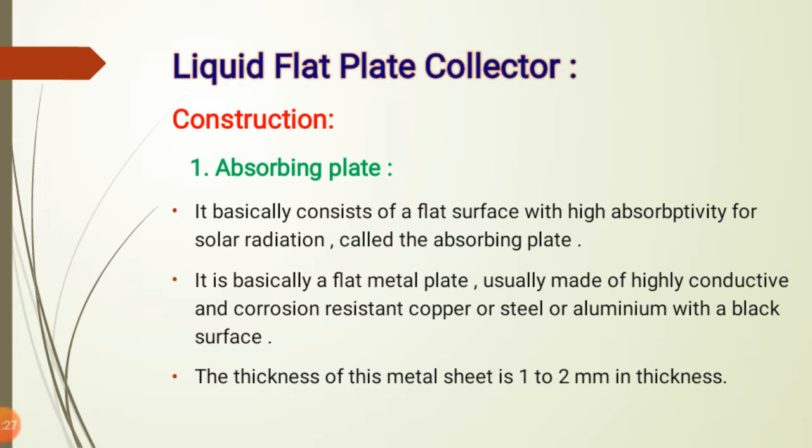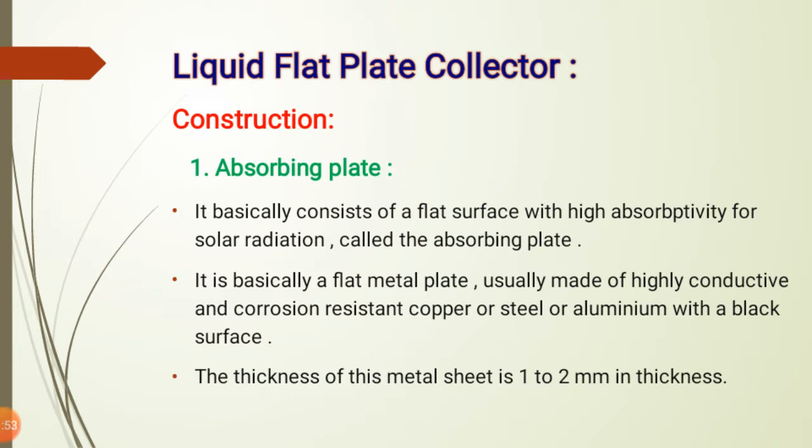The first part is the absorbing plate. It basically consists of a flat surface with high absorbivity for solar radiation, called the absorbing plate. The absorbing plate has very high absorbivity because there is absorption of the solar radiation.